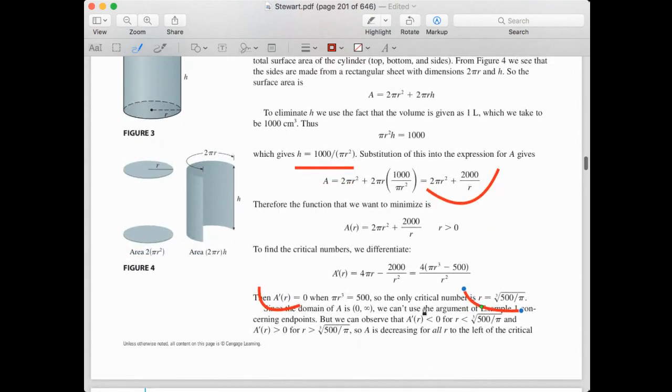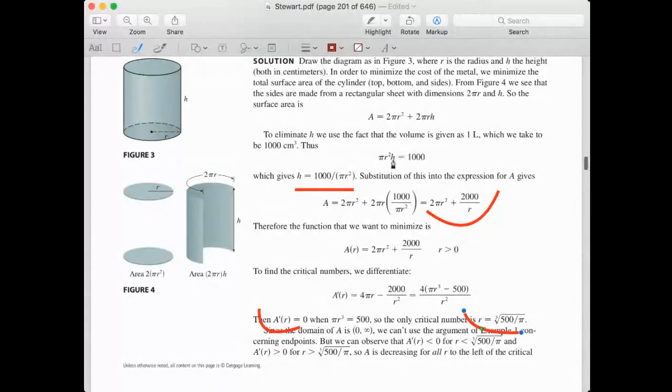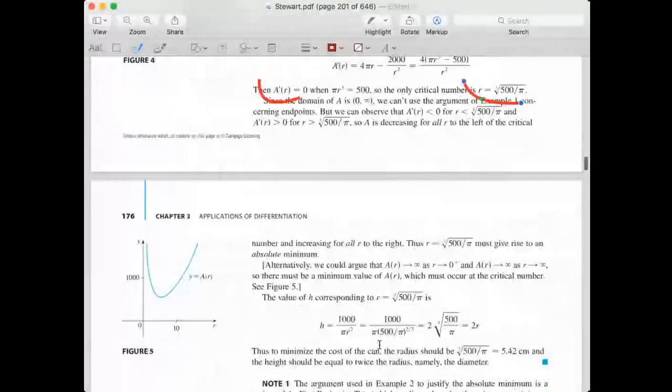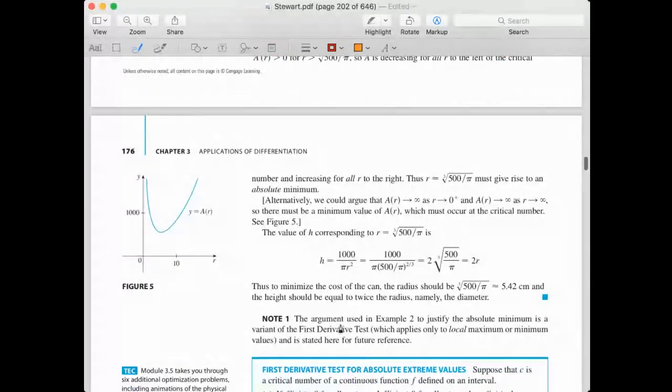Once we have r, we can go back and solve for h, right? Plug it into this equation. We solve for h, and now we find the dimensions. So the dimensions to minimize the cost of the material are the radius is this, and the height h is this, which is 2r. And that's it.